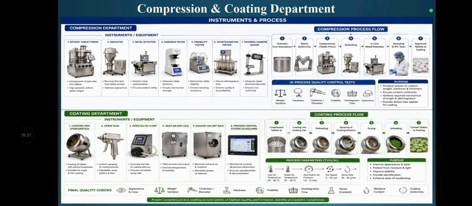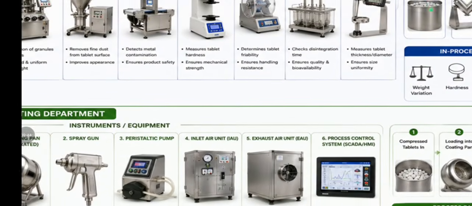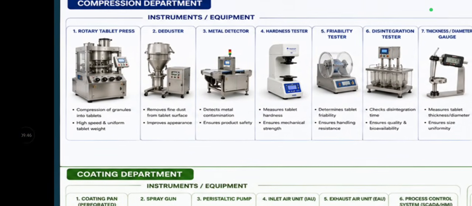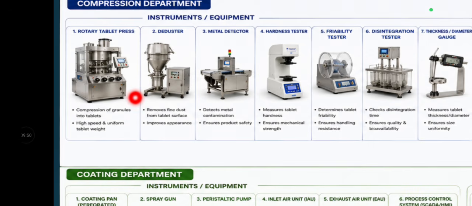Next is the compression and coating. After granulation, the material granules will be shifted to the compression. So we'll see the compression department equipment and the process. Basically, these are the instruments we use in a compression department. The rotary tablet press machine compresses the granules into tablets. Then de-dusters are also there.